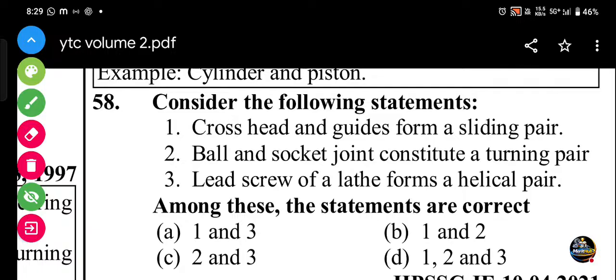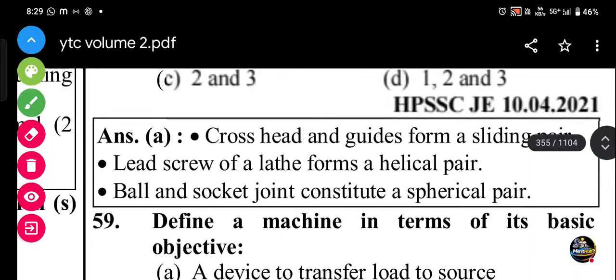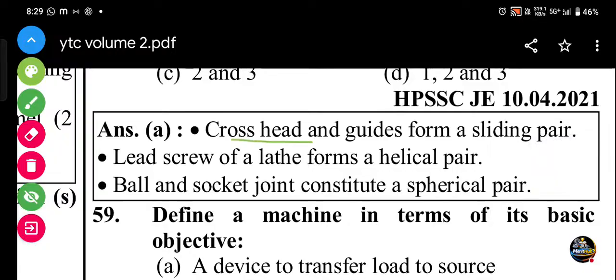Ball and socket joint is not a turning pair; it is a spherical pair. Lead screw of a lathe forms a helical pair. Yes, 1 and 3 is the answer.